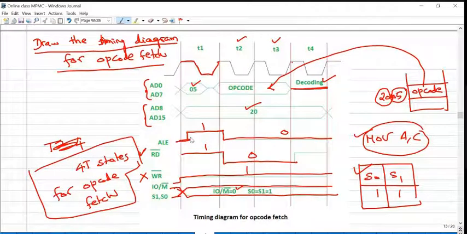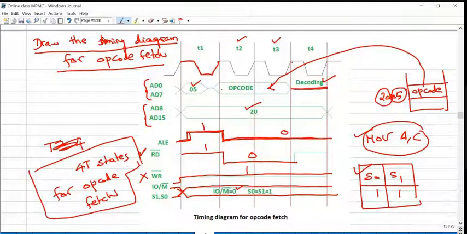Initially, address latch enable is 1, so the lower order address is placed on the lower order address bus. Then address latch enable will be 0. Now AD0 to AD7 is ready for carrying the data or opcode. 8 to 15 are dedicated for addressing purposes, so the higher order address is loaded into AD8 to AD15.